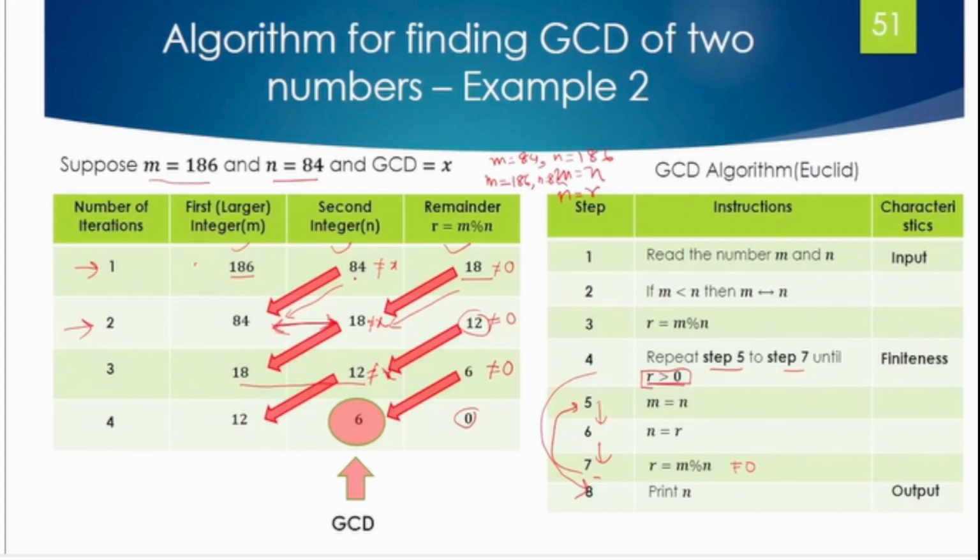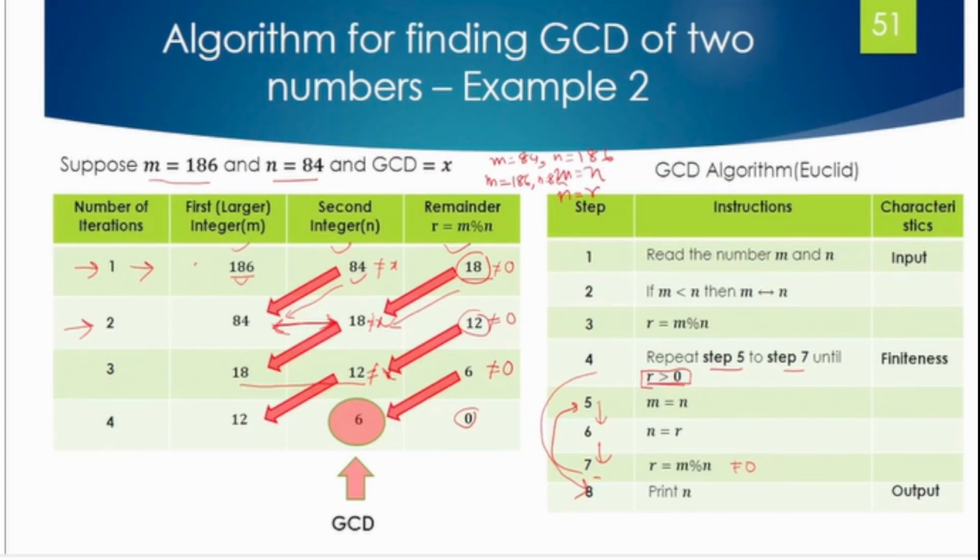Now similarly, n is also decreasing, right? Why? Because you are assigning r to n in the next iteration. Now r is the remainder, so in iteration 1, the value of r will always be less than both 186 and 84.